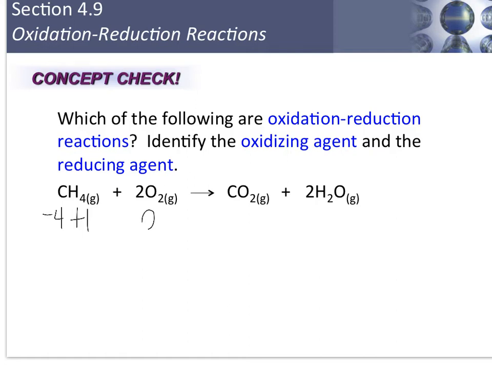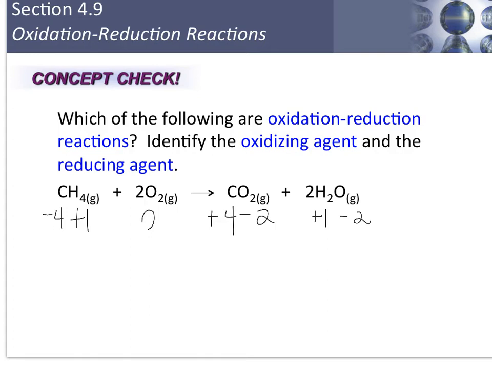In carbon dioxide, oxygen is always -2, and there are 2 of those, so that's a total of -4. The carbon must be a +4 to balance that out. And again, for the water, oxygen is -2, and hydrogen is +1, always. There are 2 hydrogens, and so that balances out the -2 charge of the oxygen.